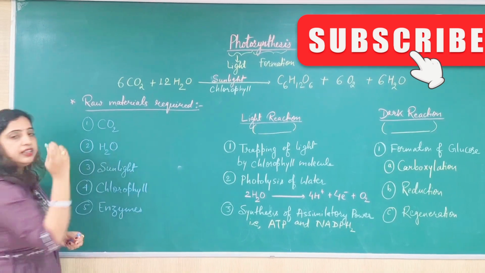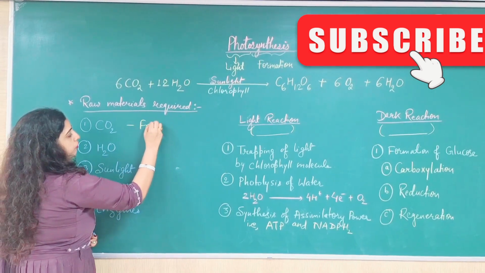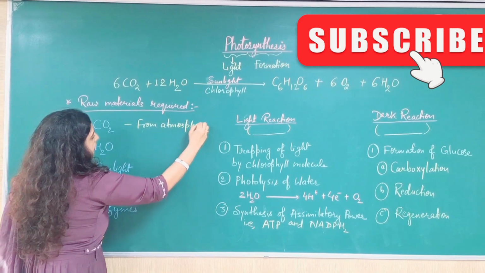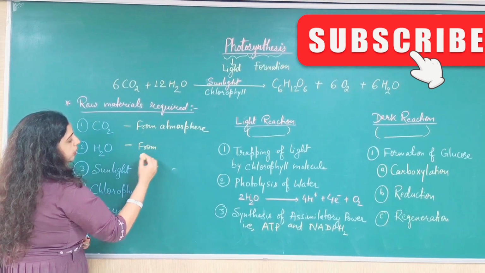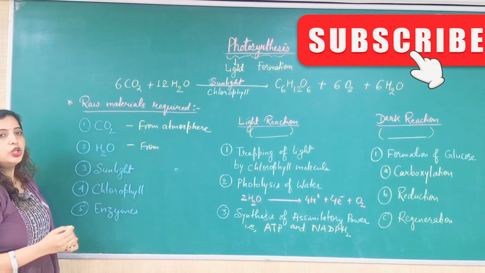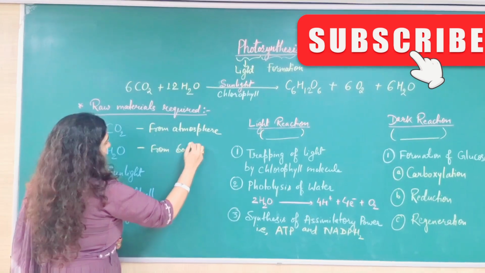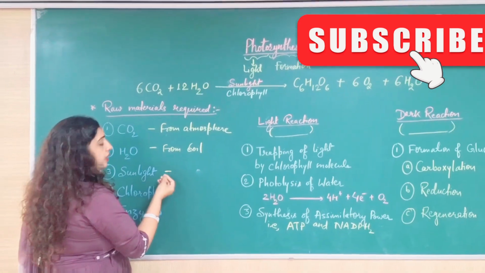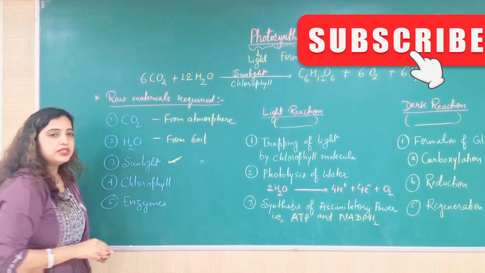From where does a plant get these? CO2 from the atmosphere, of course, through the stomata. Then H2O from the soil, and it will be transported with the help of xylem via the root hairs. And sunlight is the ultimate source of light. So we get sunlight from the sun.